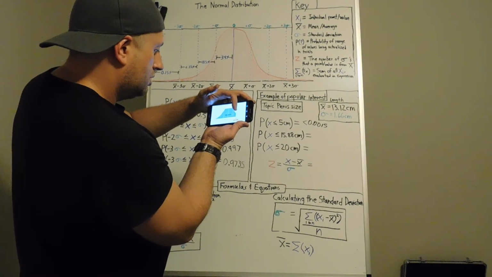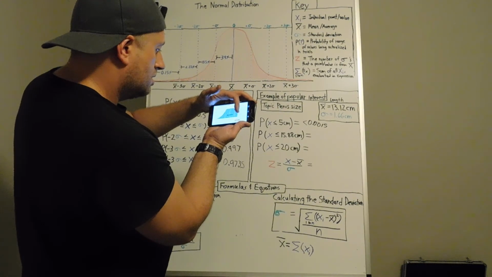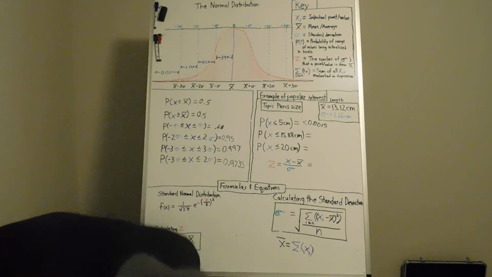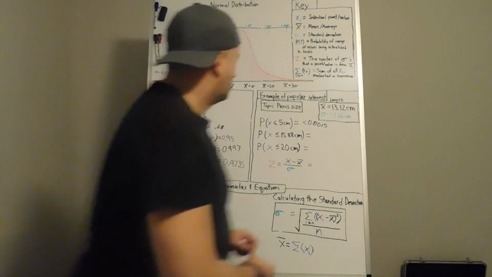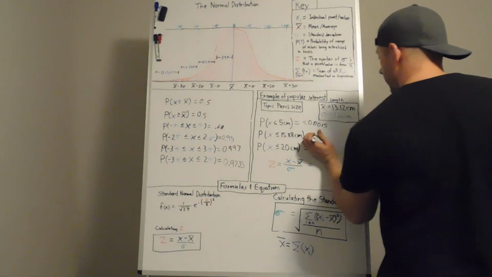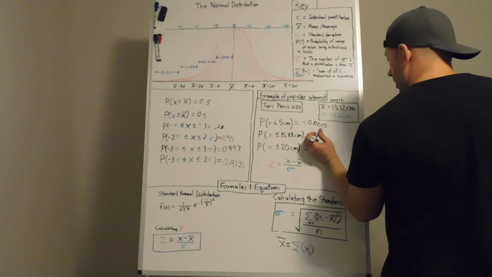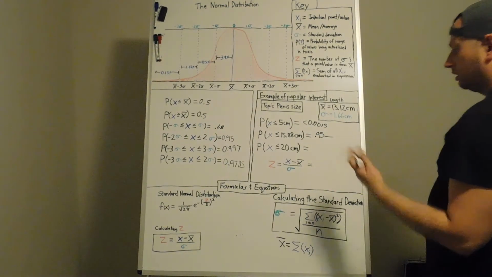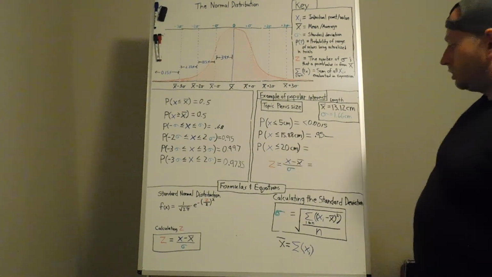Gosh, it's touchy. So it's over 95%. The answer would be like 0.95 something. Then what about 20 centimeters?